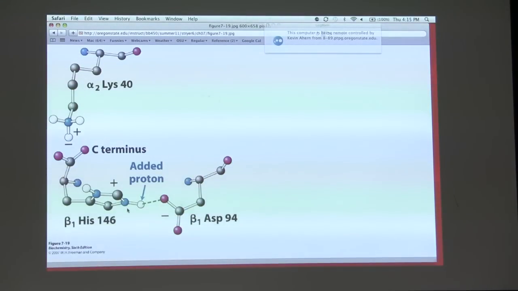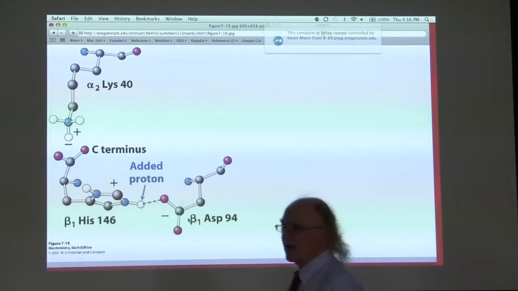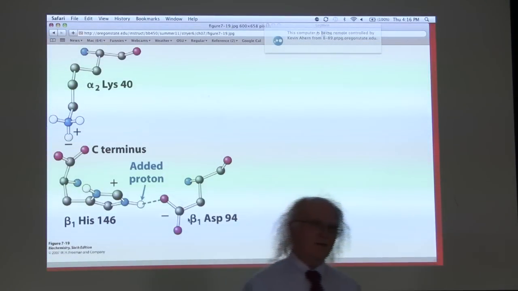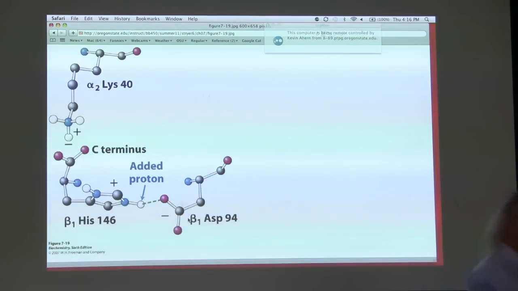When histidine gains a proton, it changes its charge from 0 to +1. When it changes its charge from 0 to +1, not too far away is a negatively charged aspartate. What do you suppose happens to the interaction between the two?